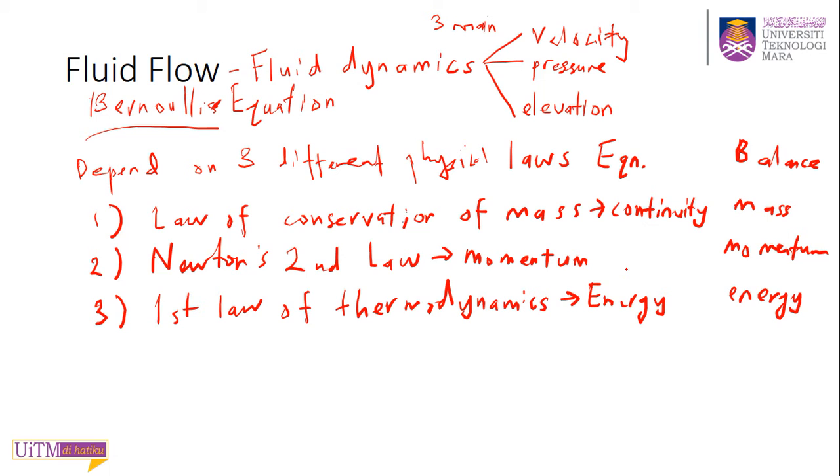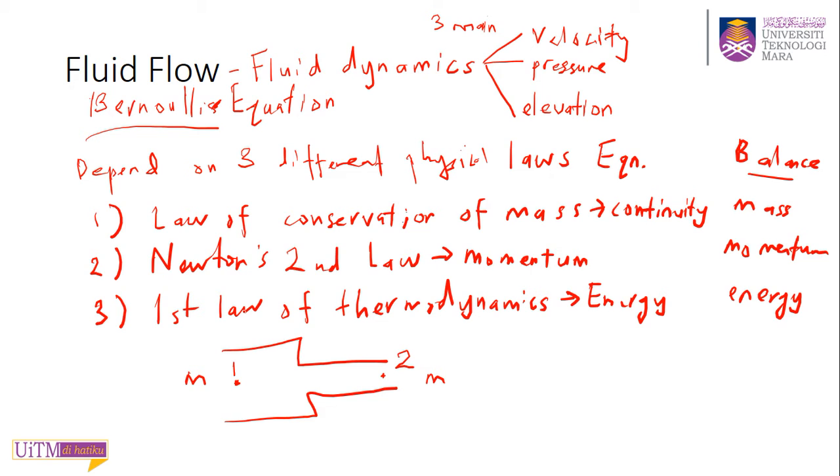So what does balance mean? If you have a pipe, I'll just draw a pipe, with point 1 and point 2. Using these different physical laws, the law of conservation of mass says the mass is balanced. That means the mass at point 1 is equal to the mass at point 2.